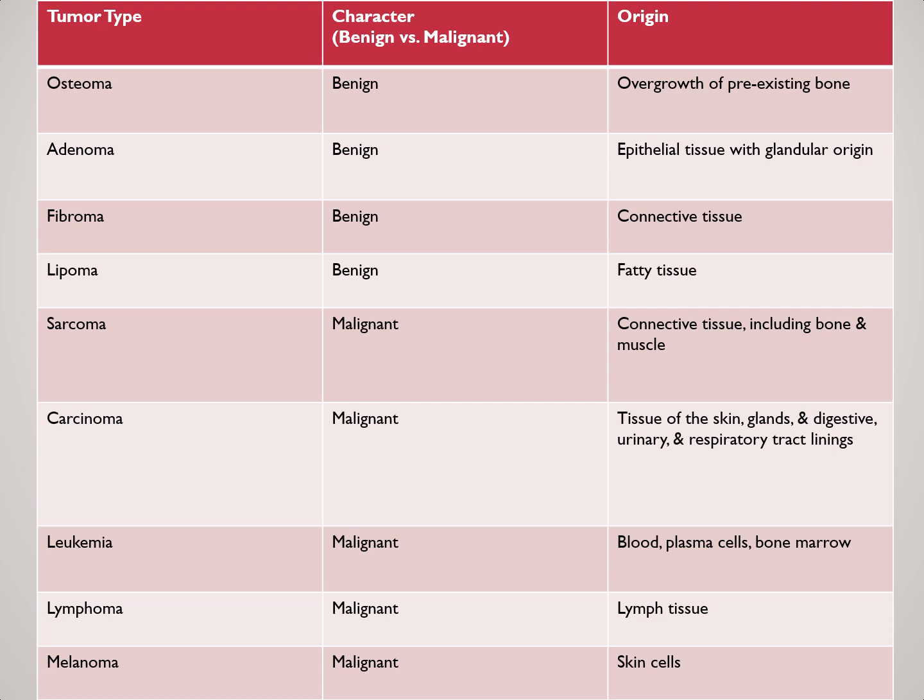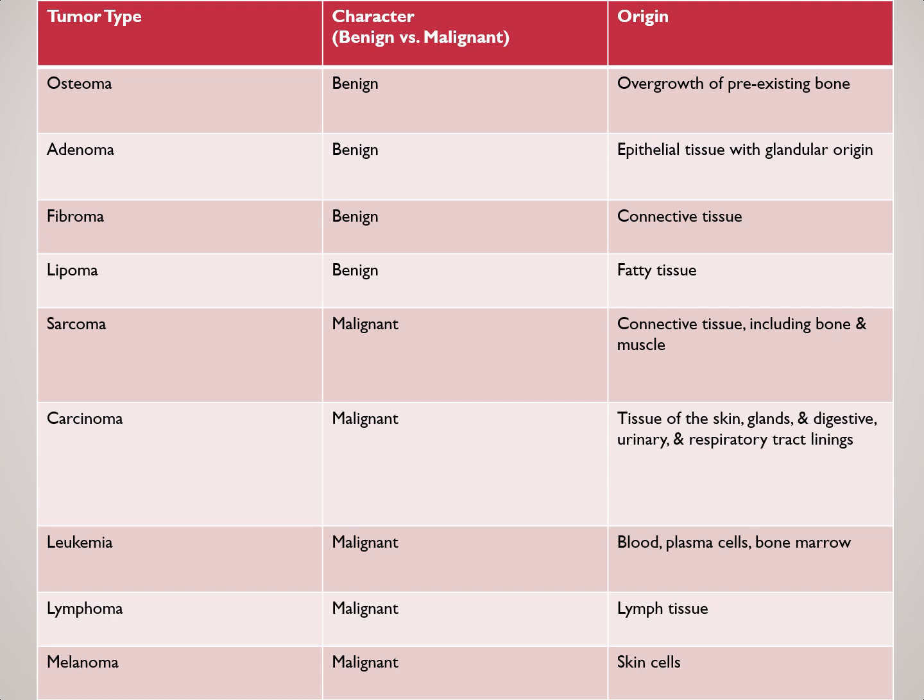Adenoma is a benign tumor type as well, and that is of the epithelial tissue with a glandular origin. When they talk about epithelial tissue, they're referring to the thin layer of tissue covering the organs, glands, and other structures. A common type of adenoma is a polyp in the colon, for example.